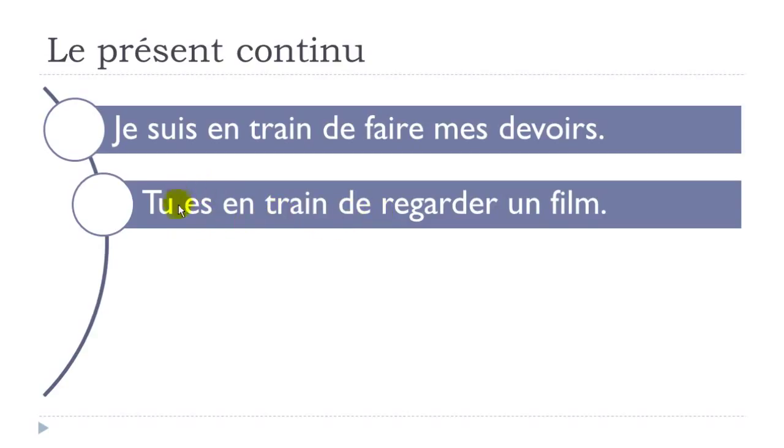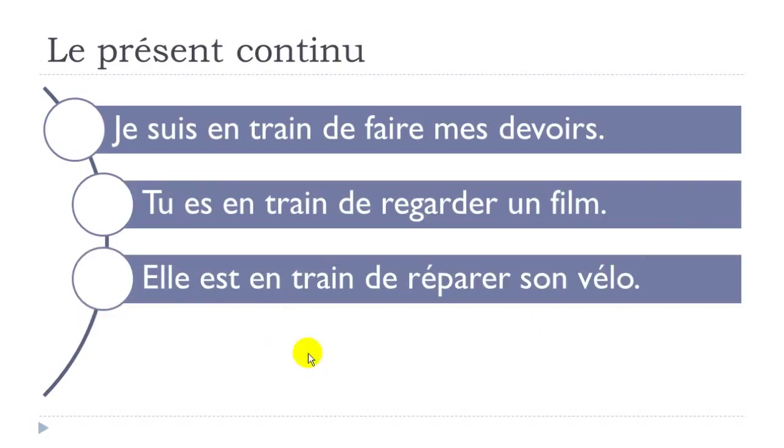Okay. But then remember that you've got to put here the verb être at the present form for tu es. Okay. So you need to conjugate it. And then elle est en train de réparer, so to repair, son vélo, her bike. Elle est en train de réparer son vélo.